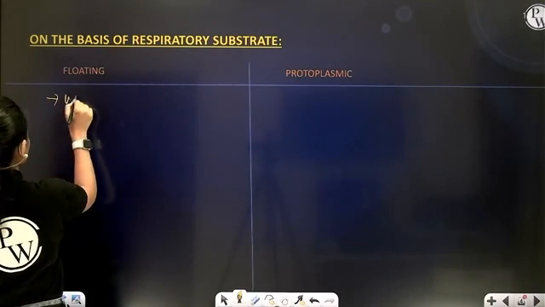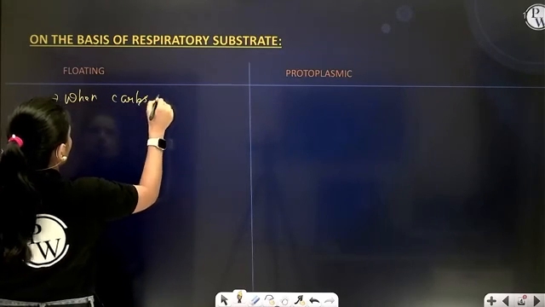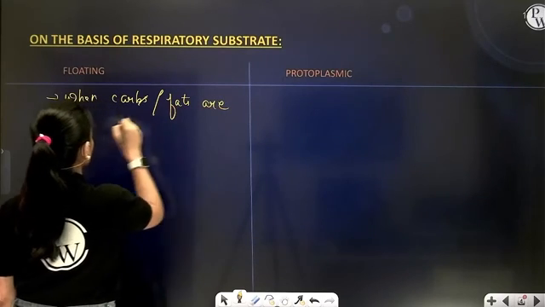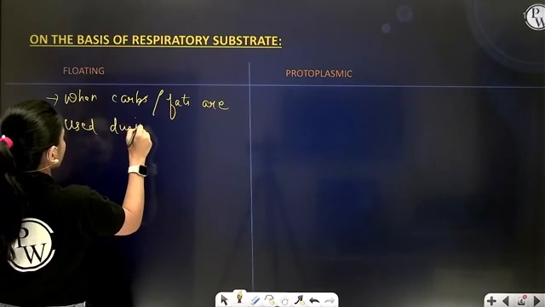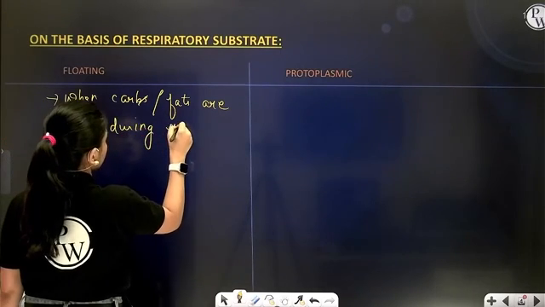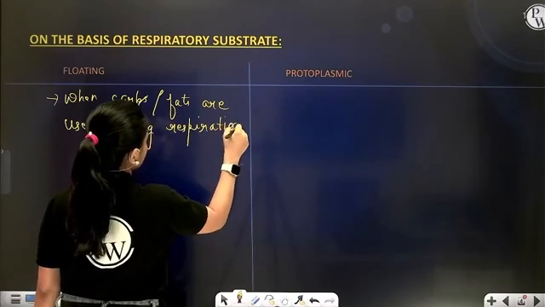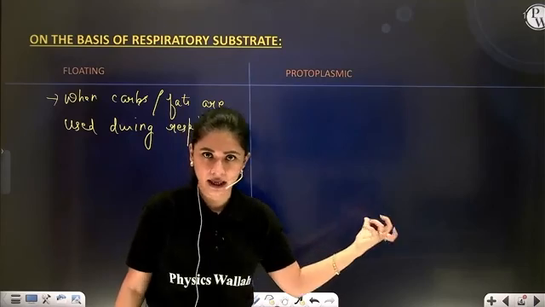Correct? So what is floating respiration? Floating respiration means when carbs or fats are used during respiration as respiratory substrate. Clear? Second is protoplasmic.